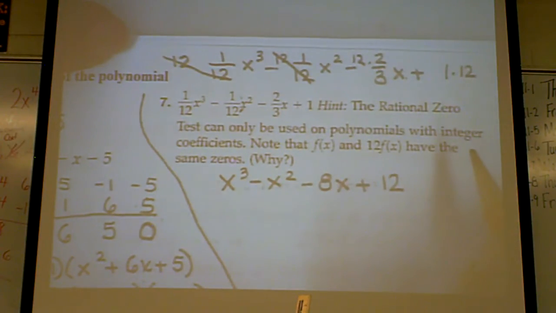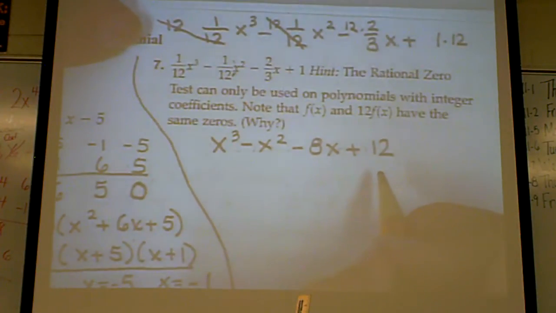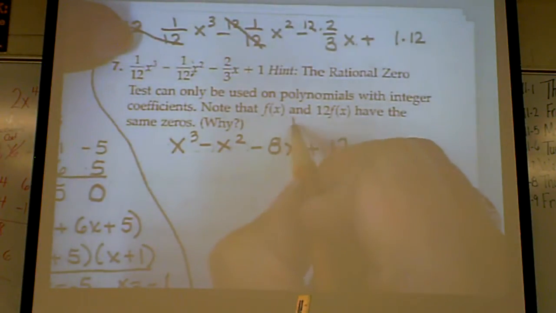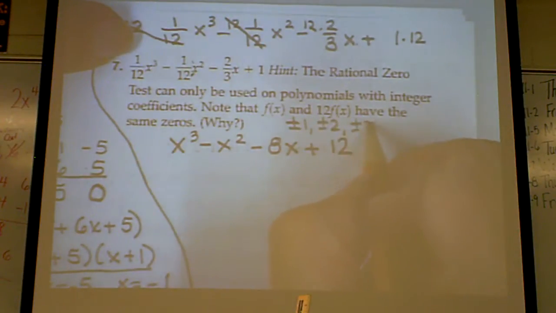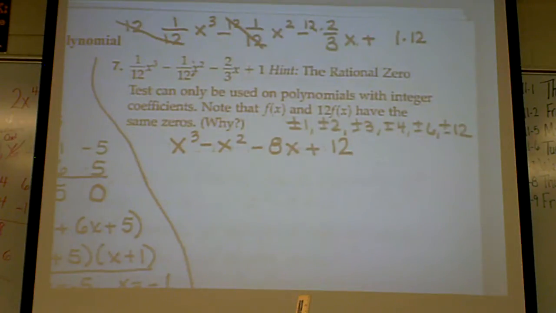So, you might see one of these. What are your possible zeros on this one? 1, 2, 3, 4, 6, and 12. Now you may want to look for upper and lower bounds on this, because the list is large.